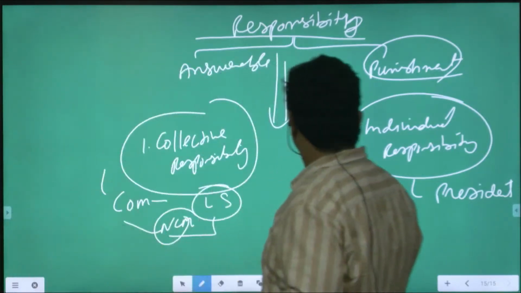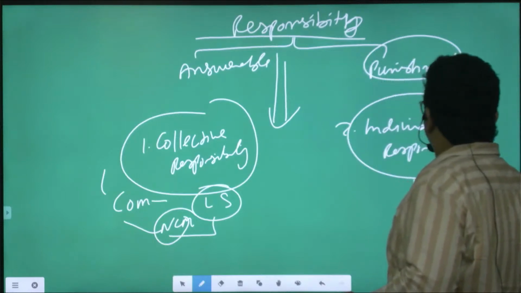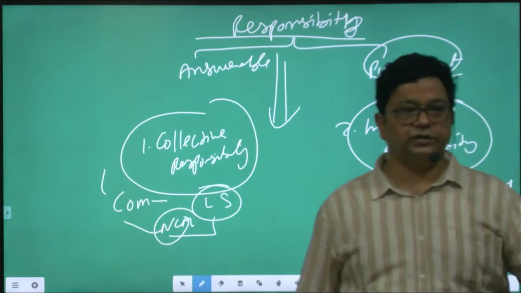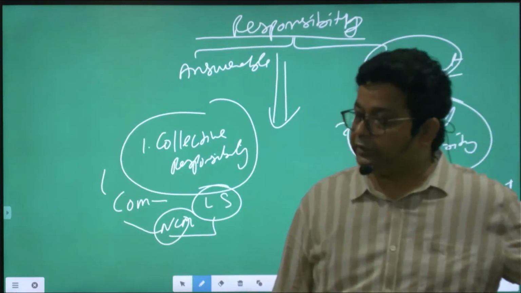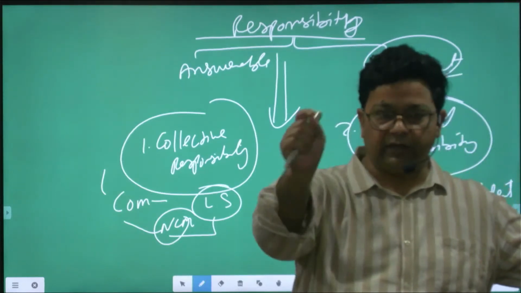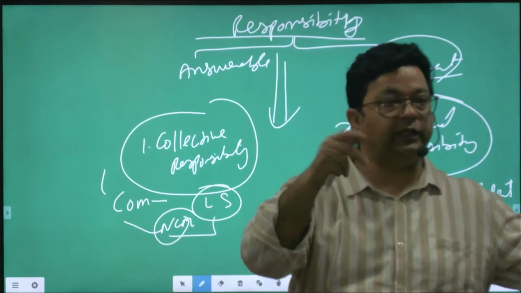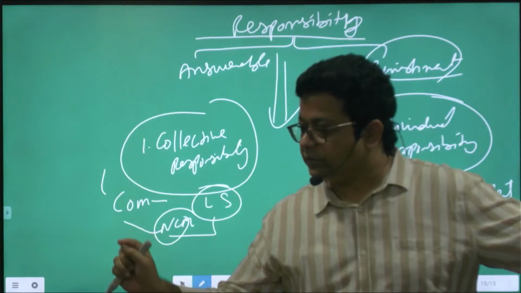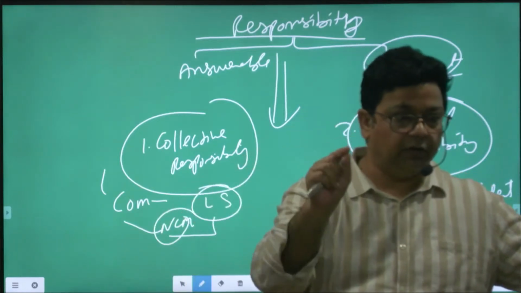Now moving back to this. As I said, the individual responsibility of ministers is to the president. It means for any act, they can be removed by the president, and because of this, they are known as holding office during the pleasure of the president. As I said, cabinet reshuffle.